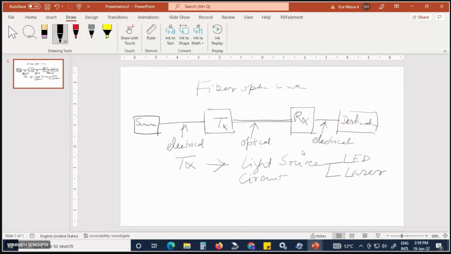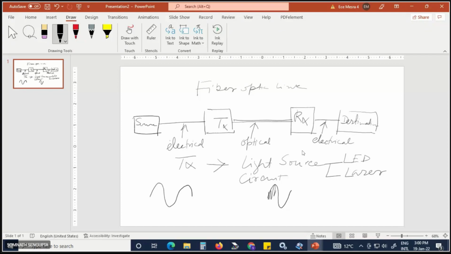So the purpose of a light source is to convert the electrical signal to an optical signal. If your electrical signal is sinusoidally varying, the optical signal should also vary sinusoidally. Now, this frequency is a different thing. This frequency is the frequency of the electrical signal, but it is actually a modulated signal.